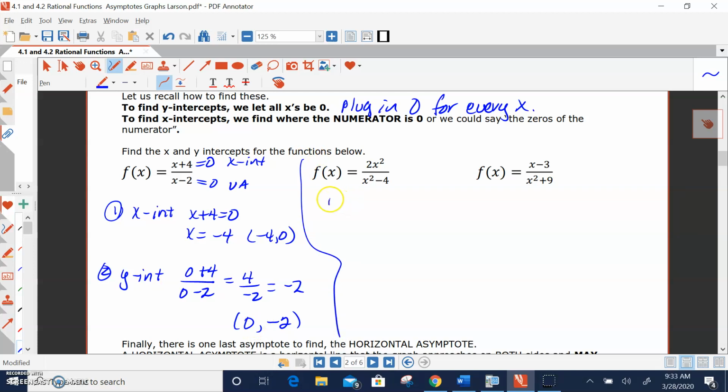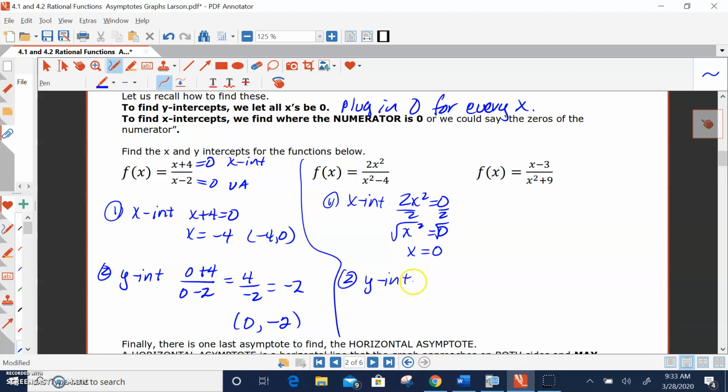So let's work on this next one. Let's work on the x-intercept. So let's take the 2x squared, set it equal to 0, and solve. Well, to get rid of the 2, I would divide by 2, so I get x squared equals 0, and surely I can square root both sides, but the square root of 0 is just 0. So I have an x-intercept at 0. What's going to be interesting is anytime you have an x-intercept at 0, you can have a y-intercept at the same place.